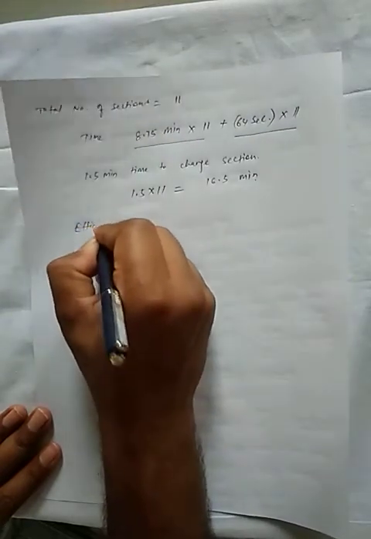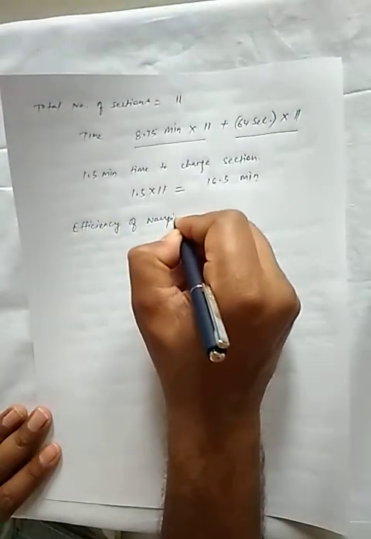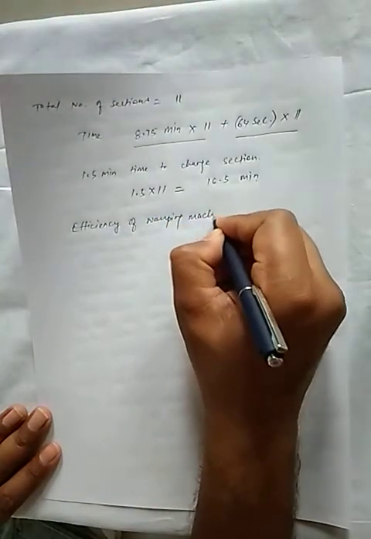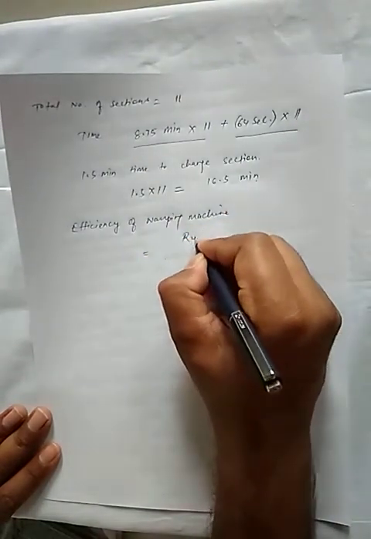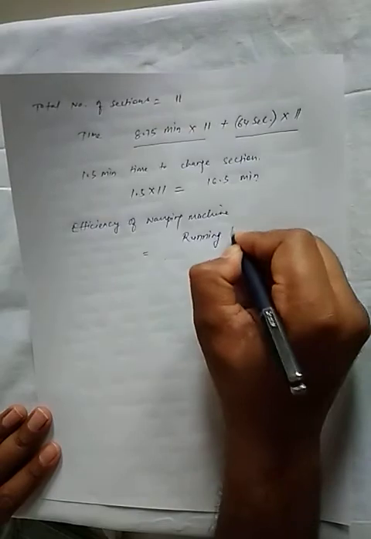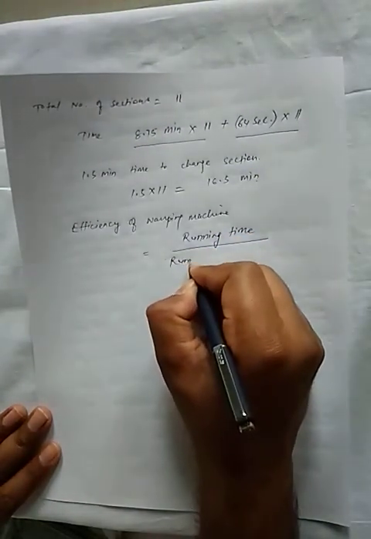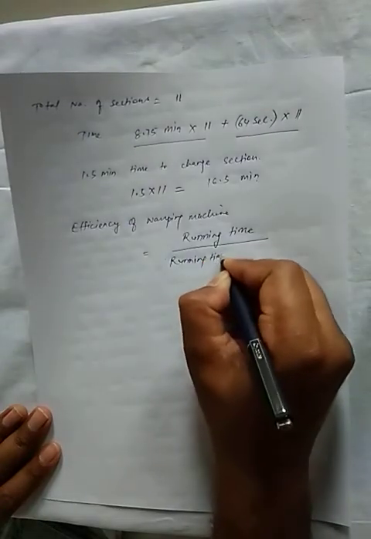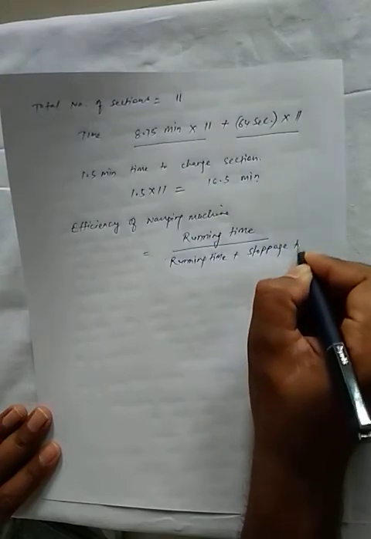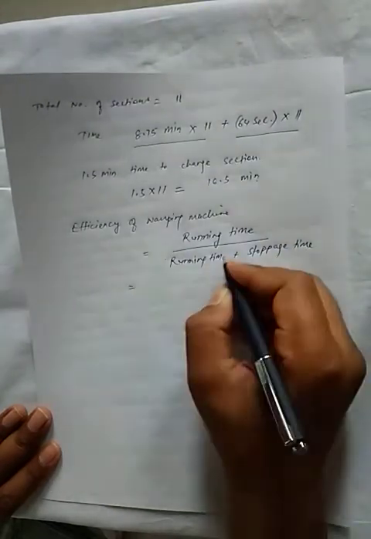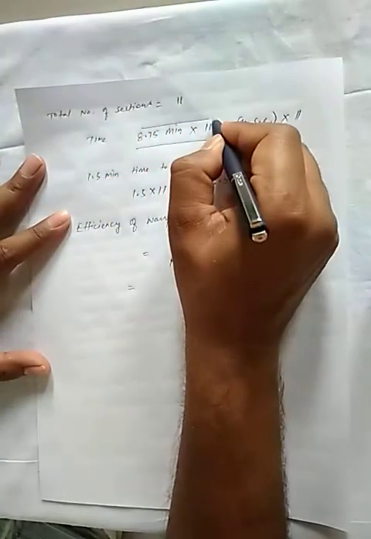Now we can calculate the efficiency of the warping machine. That is running time divided by running time plus stoppage time. So running time is 8.75 multiplied by 11.